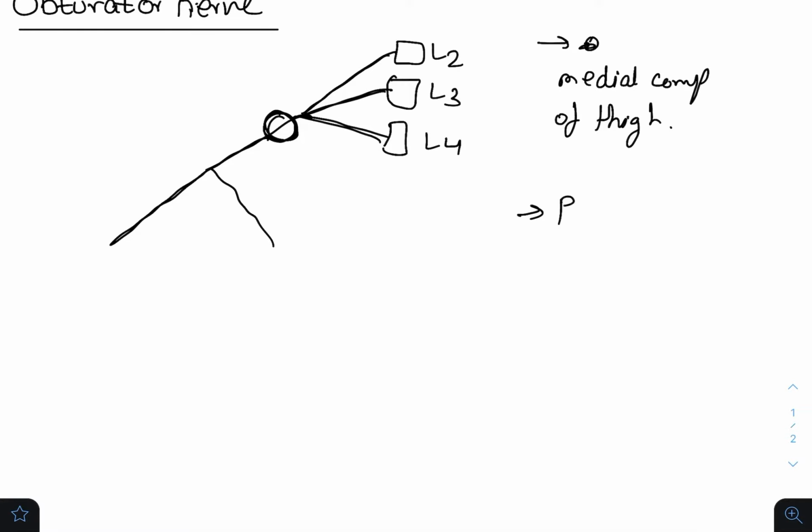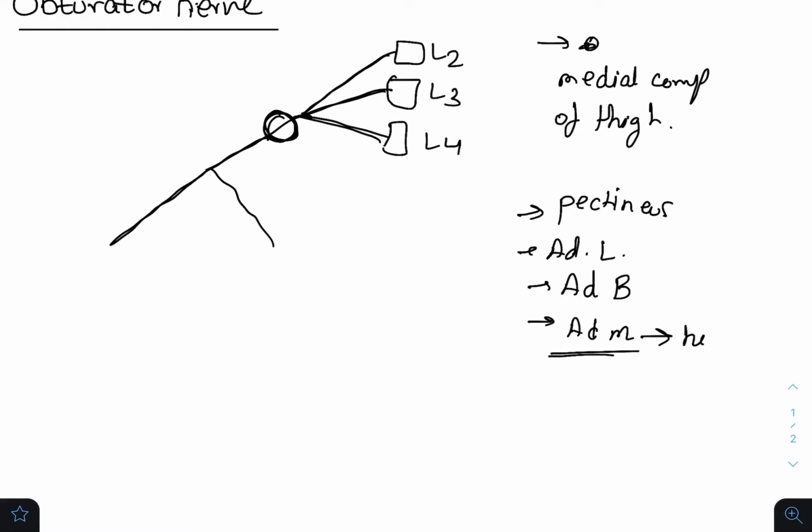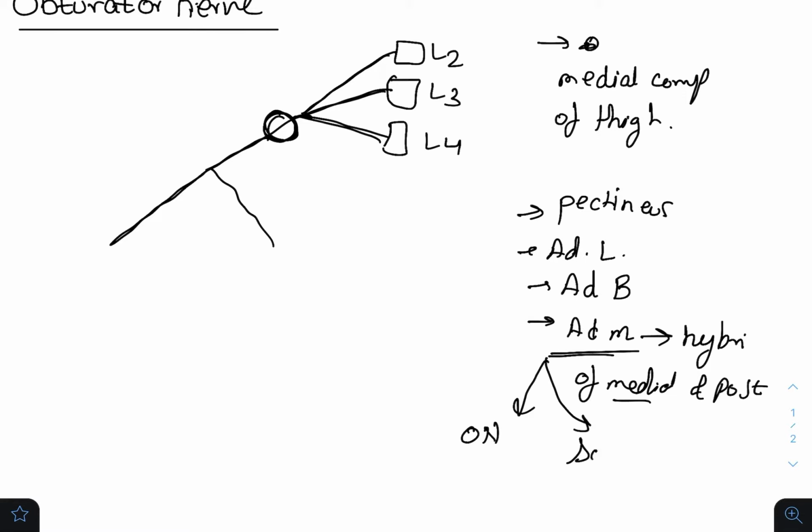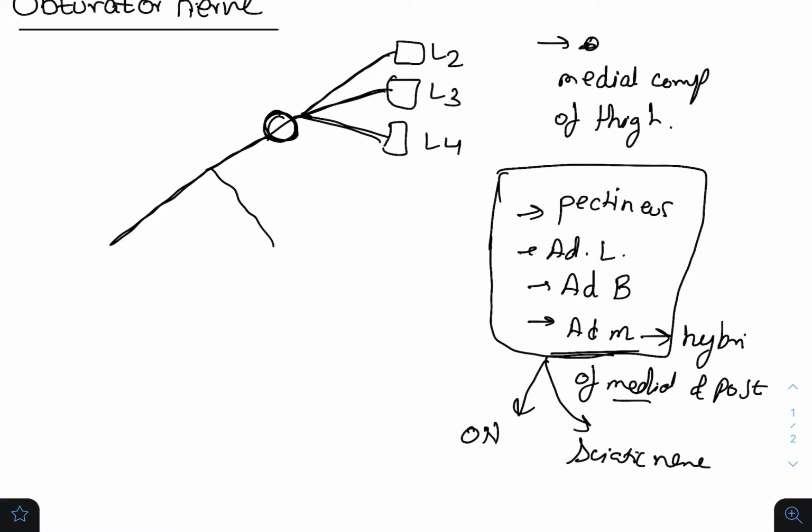The muscles of the medial compartment are pectineus, adductor longus, adductor brevis, and adductor magnus, where adductor magnus is a hybrid muscle of medial and posterior compartment, and it is supplied by the obturator nerve as well as the sciatic nerve. So these are the muscles of medial compartment which will be supplied by the obturator nerve.